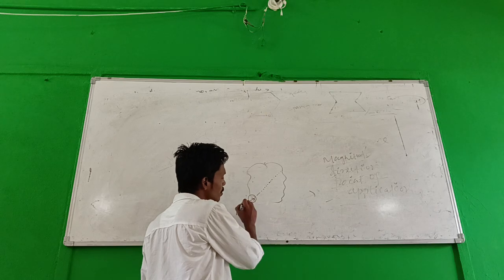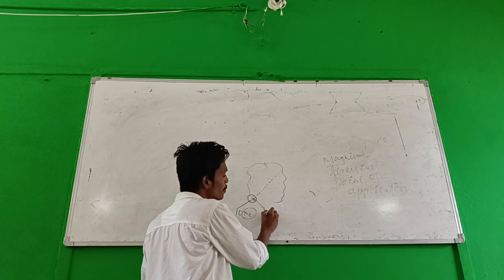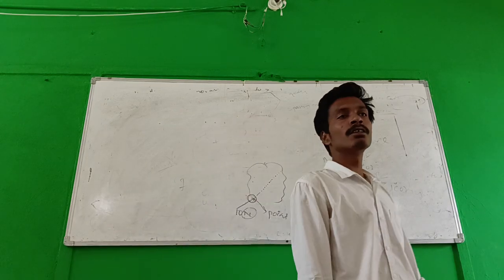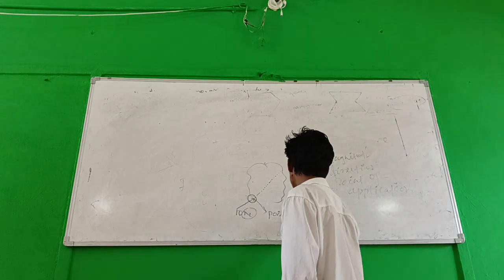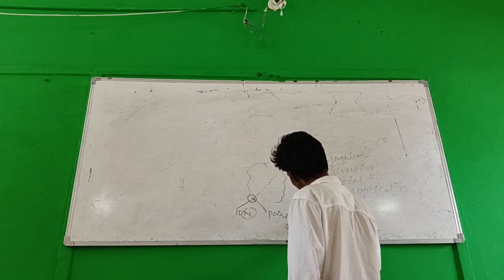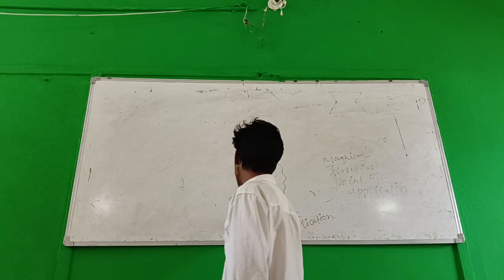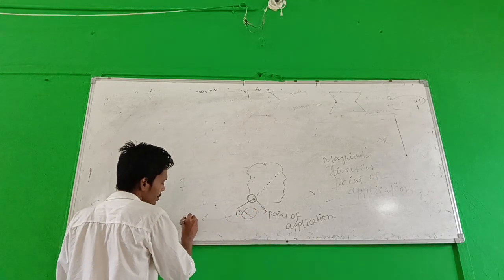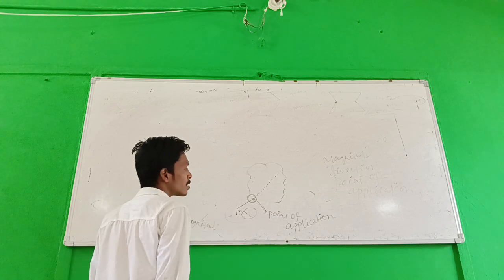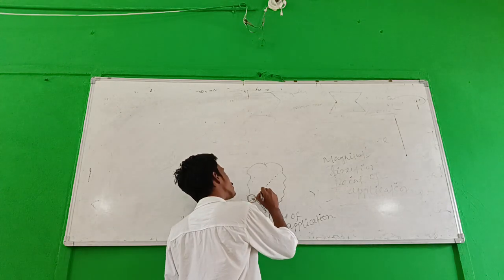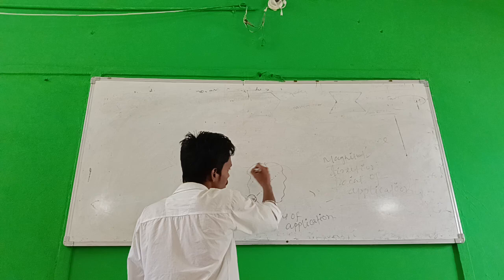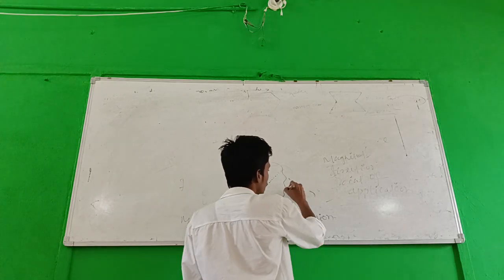What is this? This is the point of application. At which point the force is applied, that is called the point of application. What is this? This is the magnitude. And in this direction, the force is going to travel.